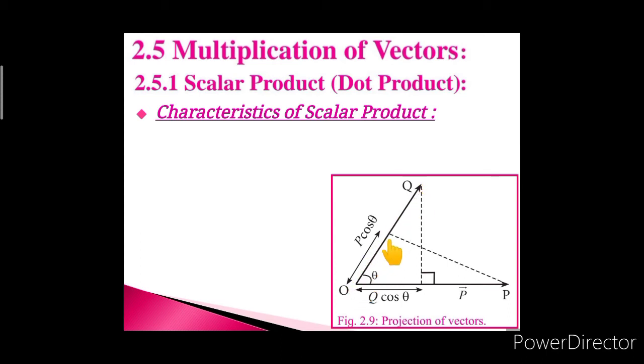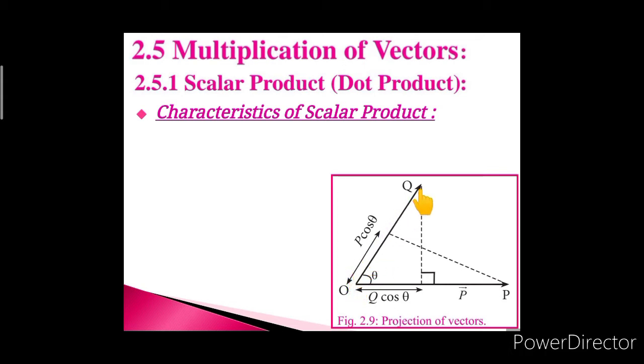This component is determined by dropping a perpendicular line from the point P onto the vector OQ. We obtain this value using this right angle triangle. The value of cos theta will be adjacent upon hypotenuse, and the hypotenuse is p. So the value of the adjacent we get is p cos theta.